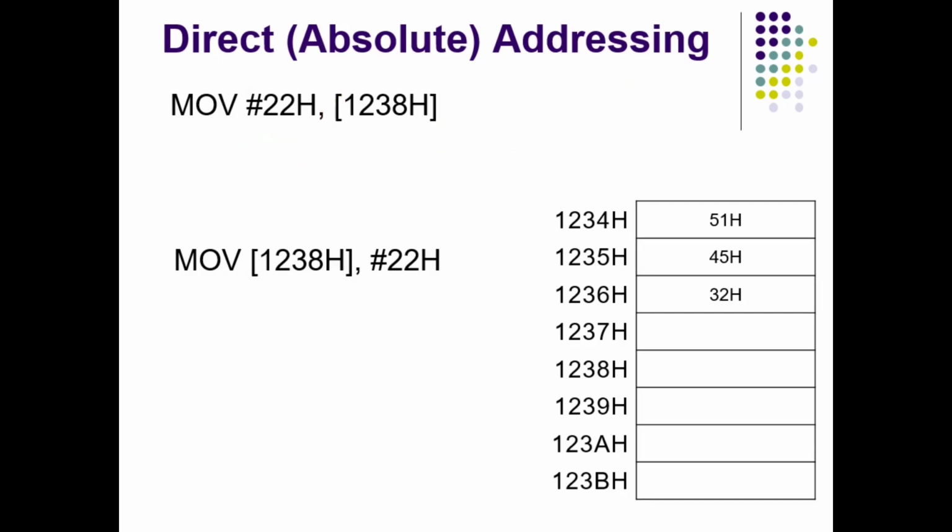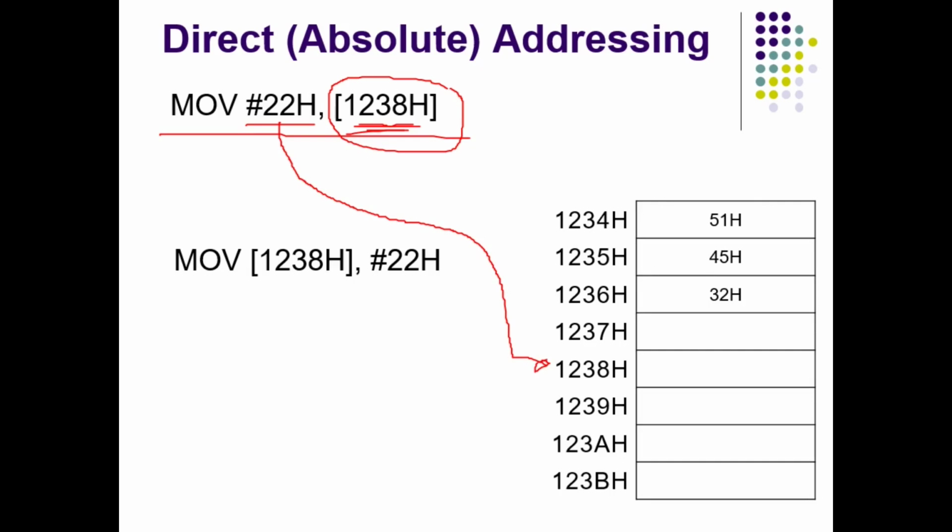So this is not immediate addressing mode. Instead, this is direct addressing mode, where the destination operand we have referred to using a direct address, the effective address. So how does this work? The processor finds out this is the effective address 1238H, where this particular data has to be transferred. After executing this instruction, 22H will be transferred to the 1238H location. So here it will be 22H.